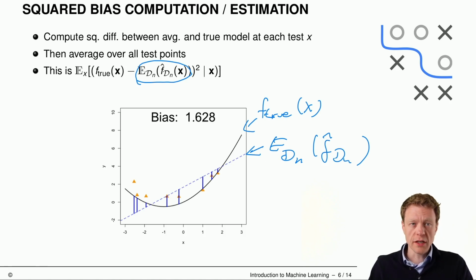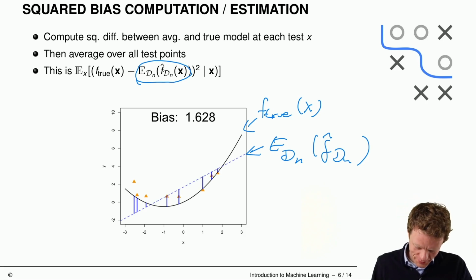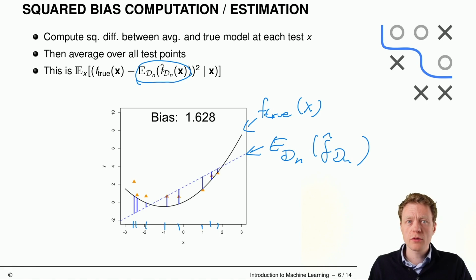What we can do now is we look at these 8 test data point locations in the feature space. So here, there, 8 points. And we just compute the difference between the true model and the average model, which are these blue lines here.